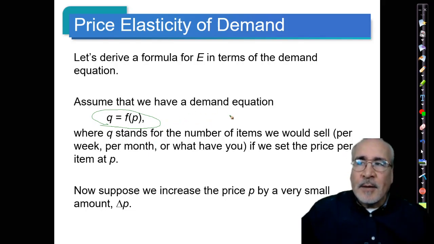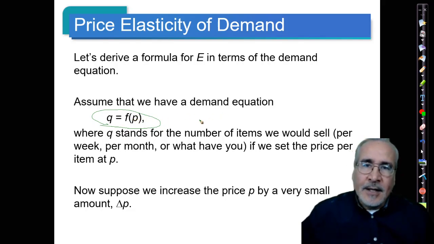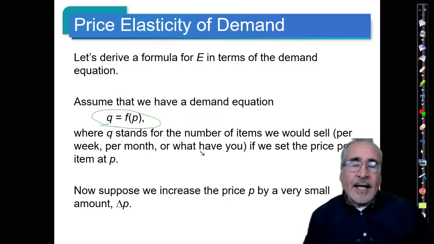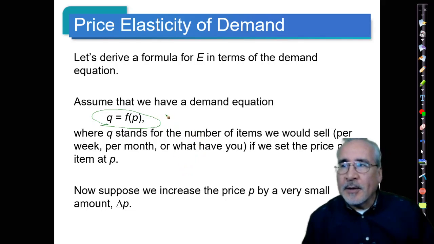What we're going to come up with to get the elasticity of demand is we're going to take the derivative of this demand equation and multiply it by a ratio, and we'll work through getting that. Just remember, from this equation we're going to be looking to get the derivative of f of p.